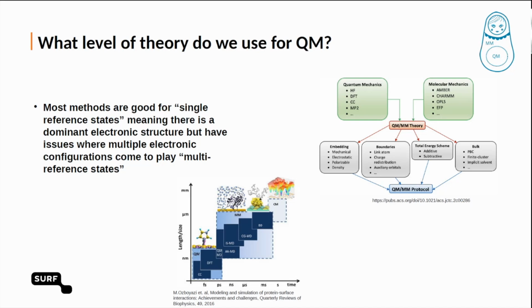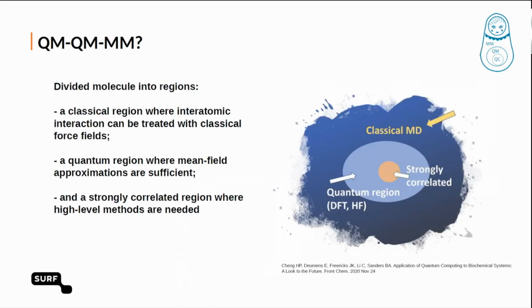And this is the part where I'm going to talk about quantum computing, because one way you can do this is to go one layer inside of the Matryoshka. You do molecular mechanics, then a pocket of quantum mechanics, and then yet another pocket of the hardcore, strongly correlated computations.